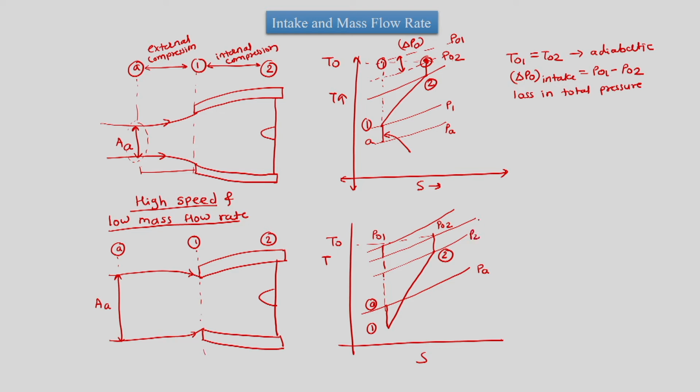So, this is P2, P naught 2 and P naught 1, and both kinds of flows would have the same things, like there will be delta P naught, which is total pressure loss. There is the same total temperature from the inlet of the intake to the exit of the intake, but the second option is for low speed and high mass flow rate.